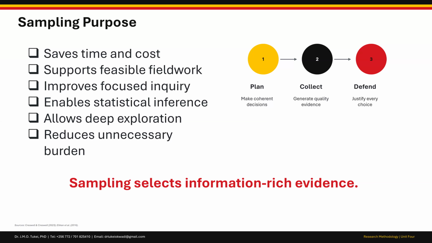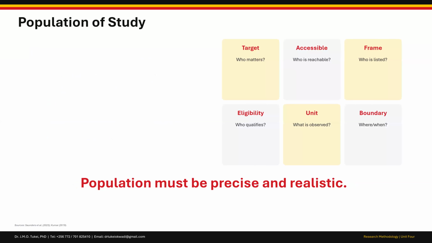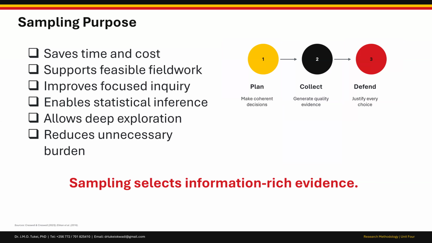That's why you look at the issues of population here. There's a target population, an accessible population, and then what I would call the unit of analysis, or a sampling frame. A population must be precise and realistic.